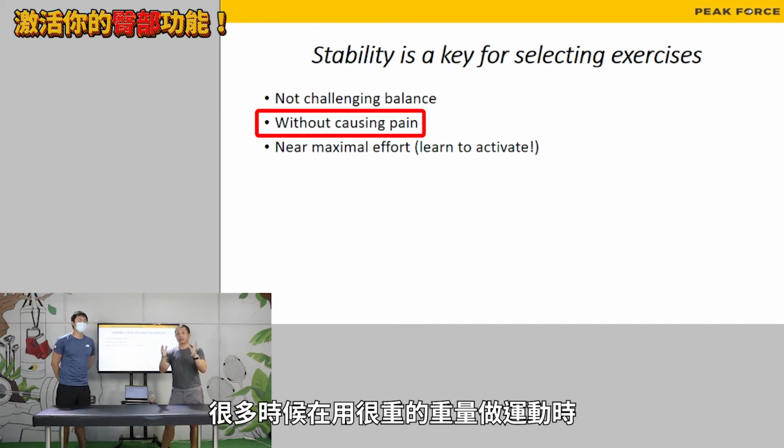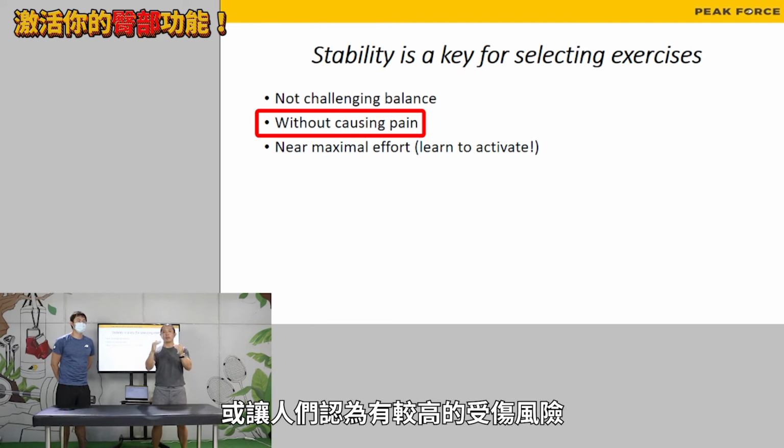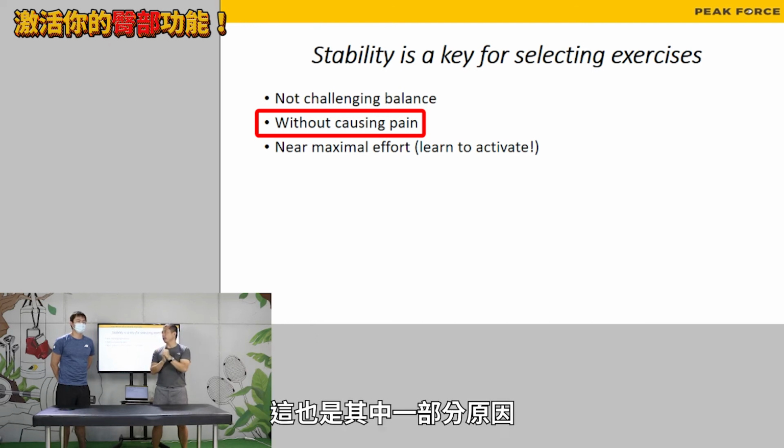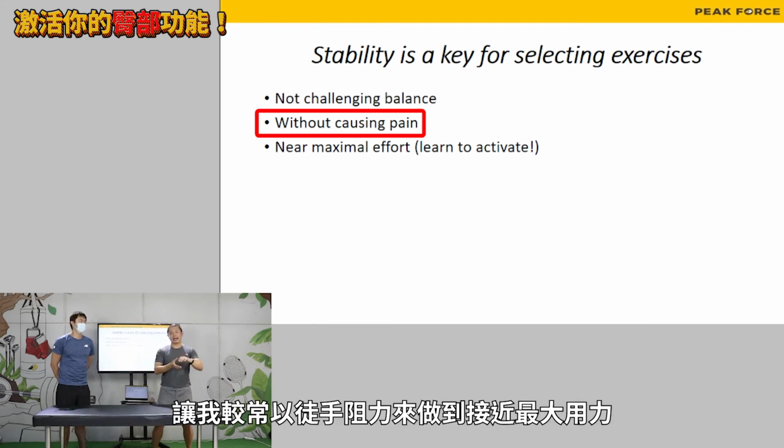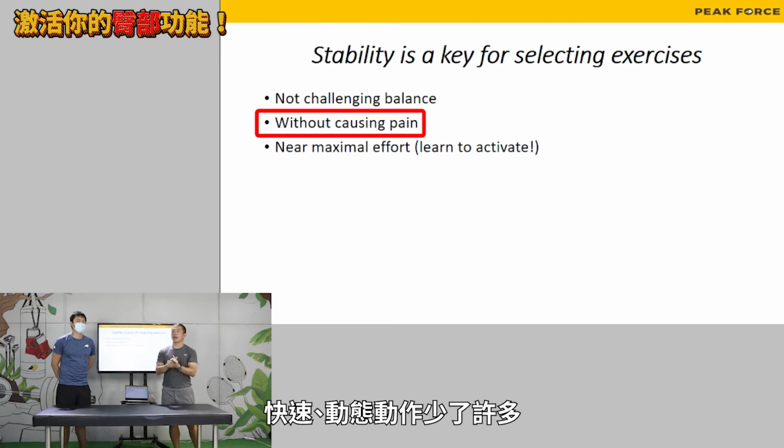Okay, a lot of time if you use heavy weights to do exercises, maybe it might cause a pain, okay, or people might think that a higher risk of injury. That is part of the reason that I do more the manual resistance to provide a near maximal effort to be able to do this. Isometric contraction, much less injury case than doing very fast dynamic motion.